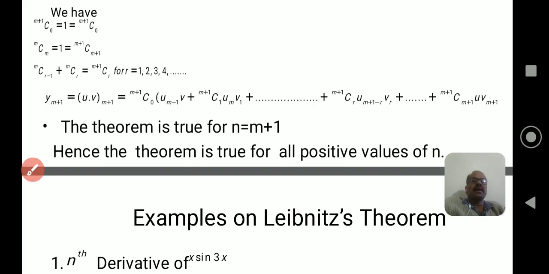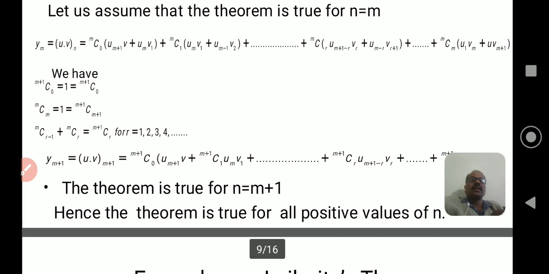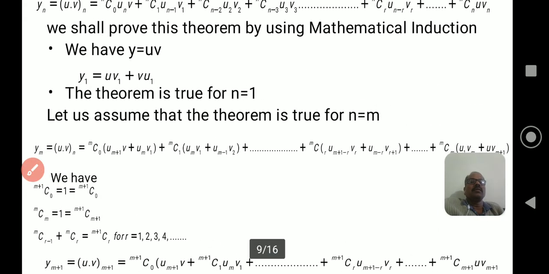It is very clear that the theorem is true for n equal to m, and as well for n equal to m plus 1. Hence we can say that the result is true for all positive values of n. Hence the proof. This is proved by using the mathematical induction method.